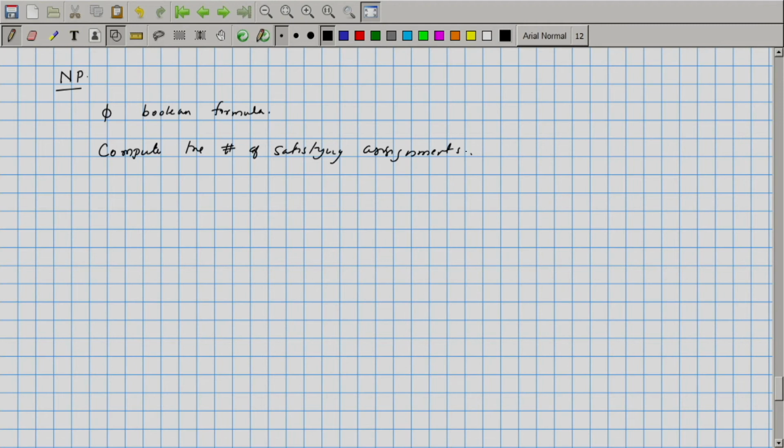If we could do this for arbitrary Boolean formulas, depending on whether that number is 0 or not, we would have solved the decision problem for SAT, and SAT being an NP complete problem, we could have concluded that P equals NP. If there was an algorithm to count the number of satisfying assignments for an arbitrary formula, we could have easily solved the P versus NP problem.